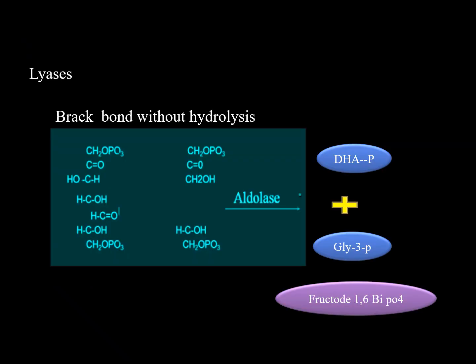Examples of lyases include decarboxylases, which remove carbon dioxide, and aldolase, an enzyme involved in pathways like glycolysis. Lyases are important because they help form or break molecules without hydrolysis.